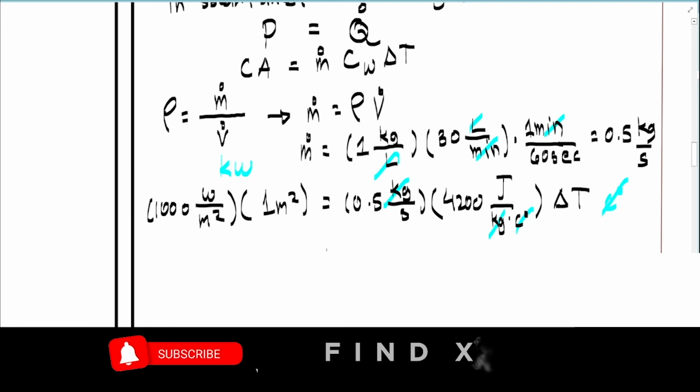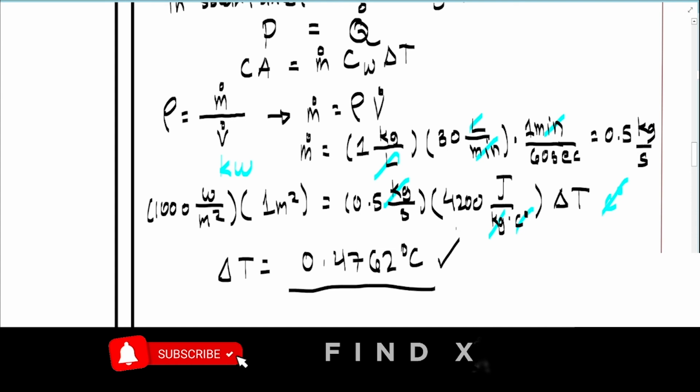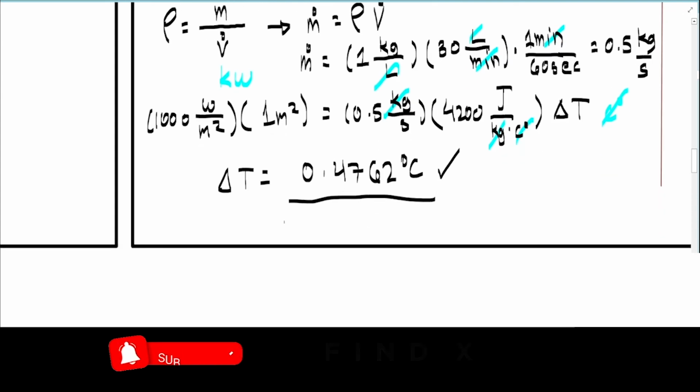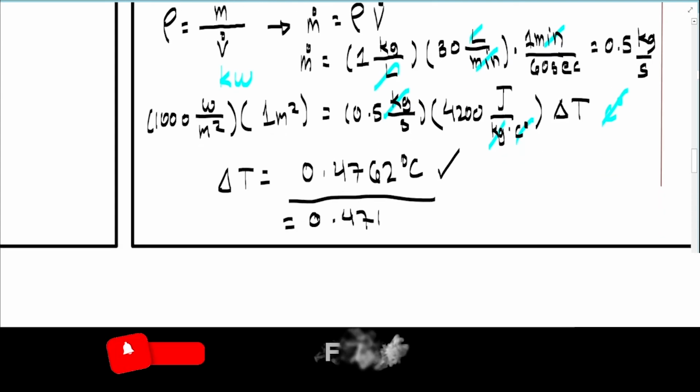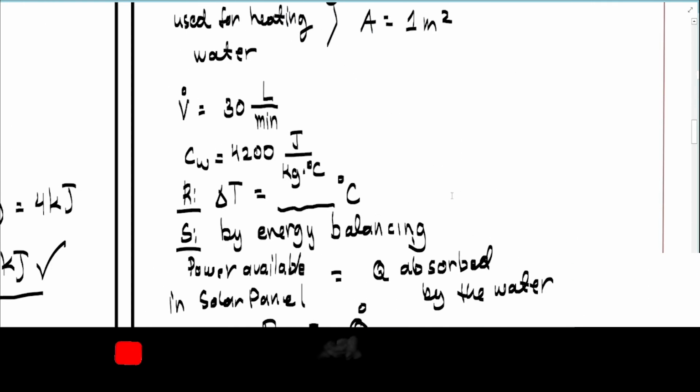Now it's balanced. Solving for that using your calculator, you should be getting 0.4762 change in Kelvin. Or we can also have change in T equal to 4.762 change in Kelvin, since we are talking about change in temperature. Okay, I think that's it. So we can have the next one.